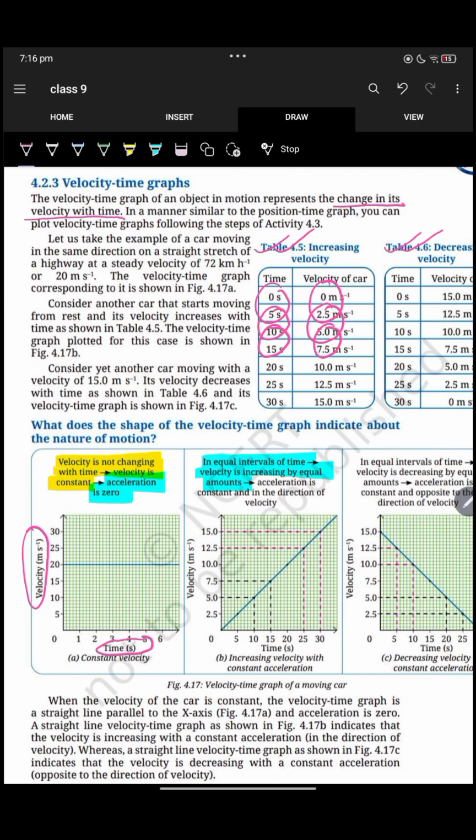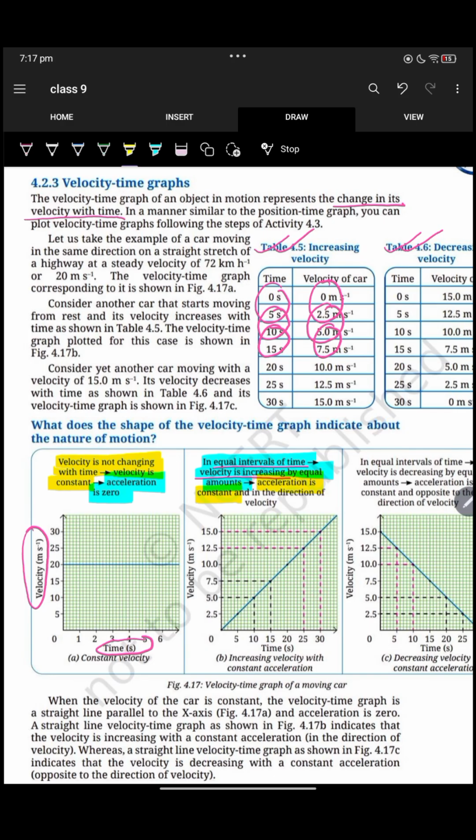That means there are equal intervals of time and the increase in the velocity is also equal. So this is a motion which is having constant acceleration. Now you may ask why acceleration? Because the velocity is changing with respect to time.